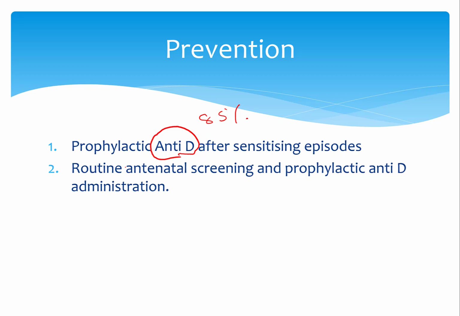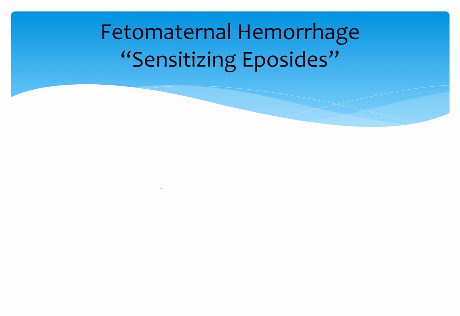So, they started doing antenatal screening of mothers, identify all those who are having the antigen by screening, and then give them prophylactic anti-D. That was successful. So, they started giving it at 28 weeks and 34 weeks.